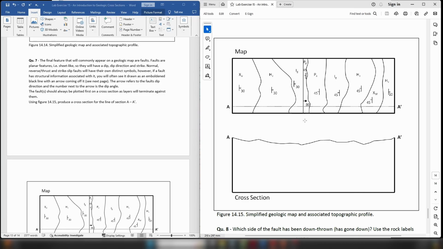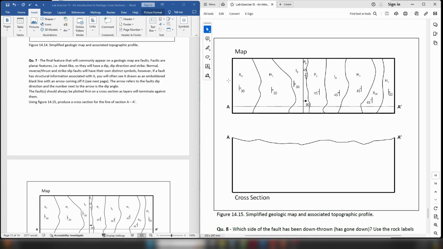So you are going to look at your line of section. You're going to say, right, the fault comes across the line of section right here. I'm going to project that point down to here. And then I am going to draw my fault plane, which is 80 degrees. And you can see the arrow is telling you the dip direction of your fault plane. So it's either going to be towards A or A prime. So you're going to draw your fault first.